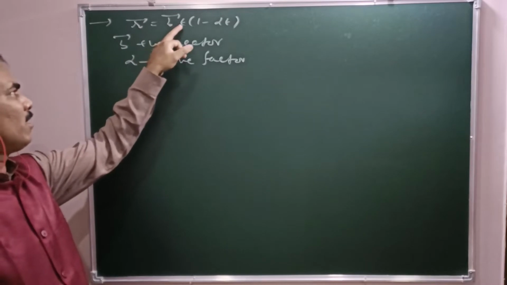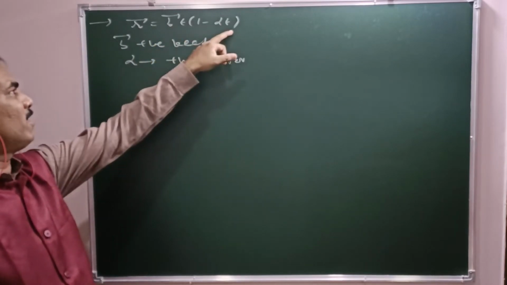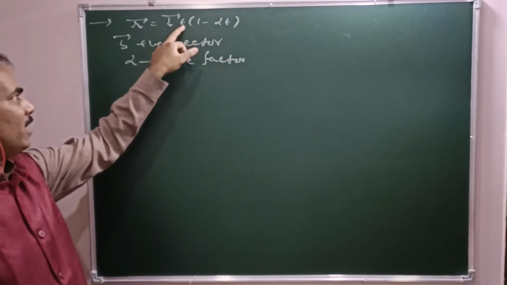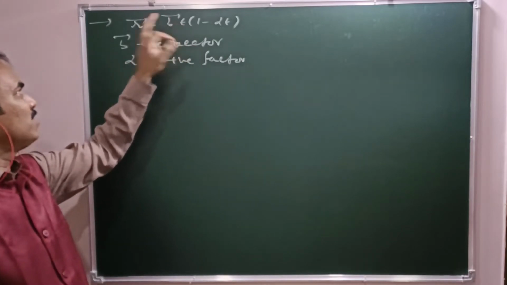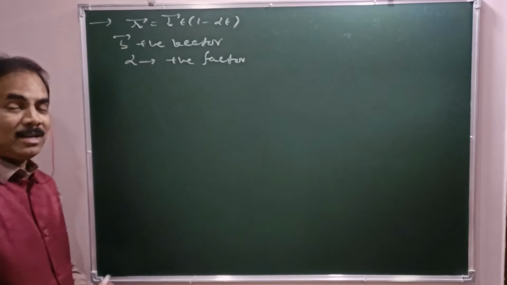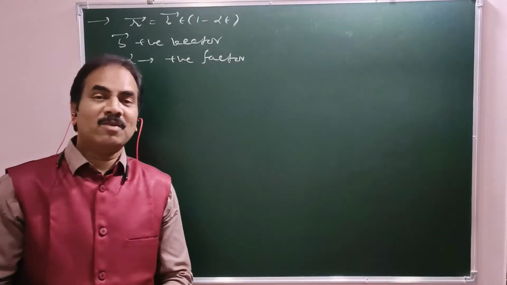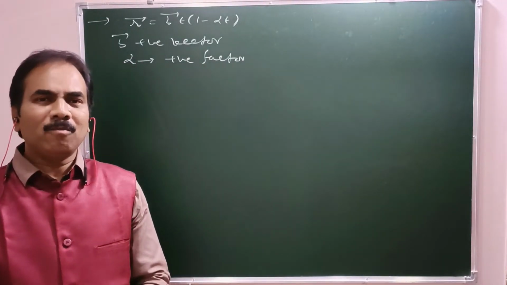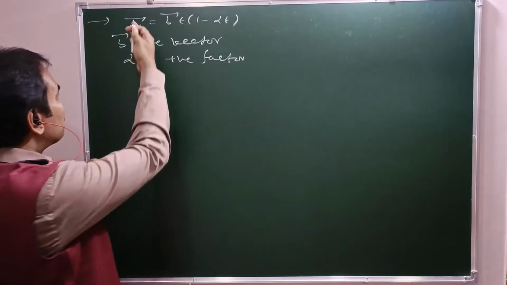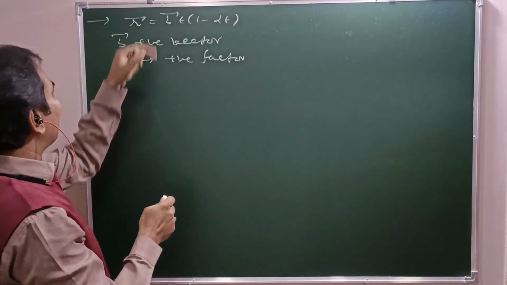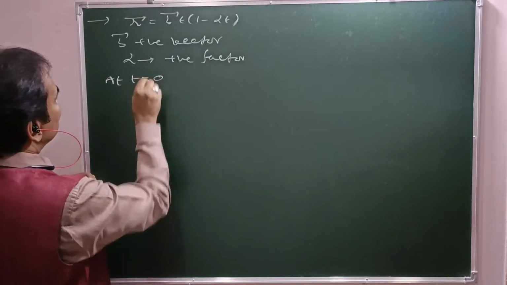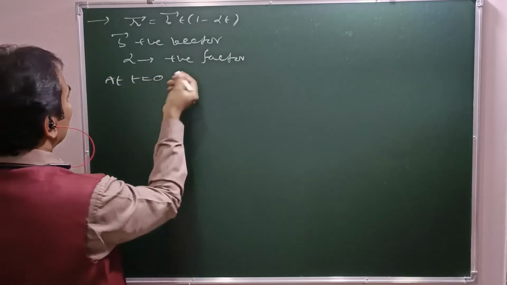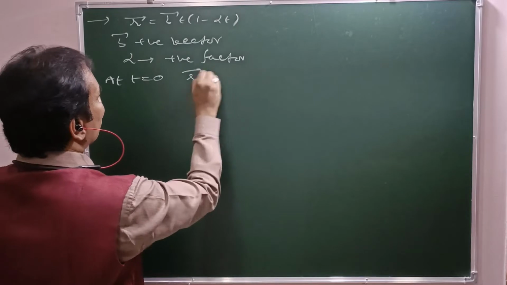If I substitute t equal to 0 here, definitely r bar equals 0 into something, that is 0. So when t equals 0, that is the initial position, the initial radius vector. At t equals 0, r bar must be equal to 0.